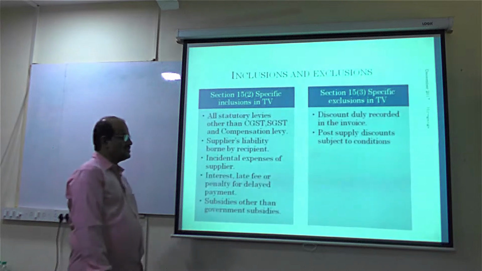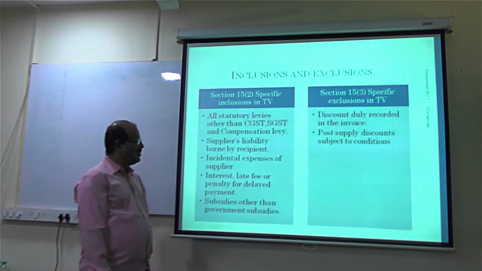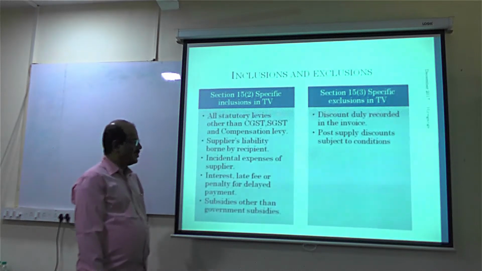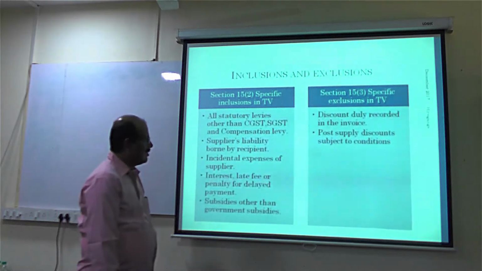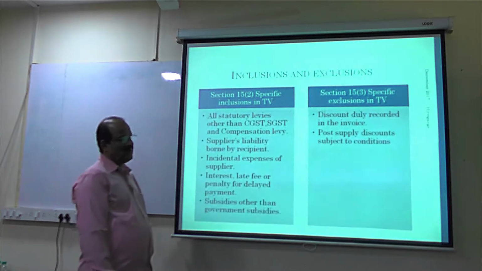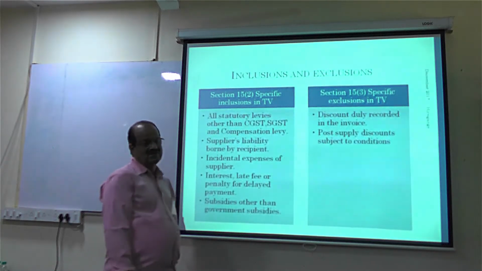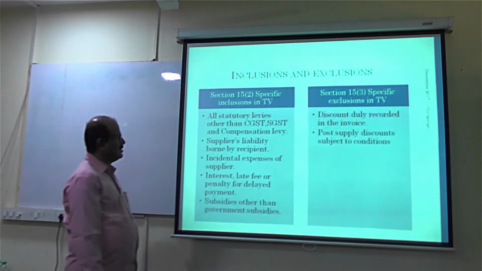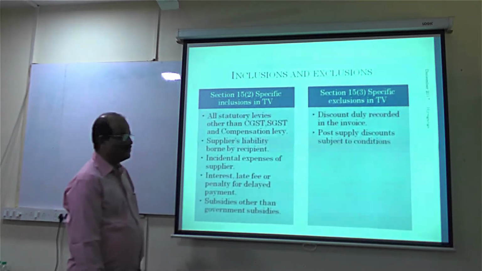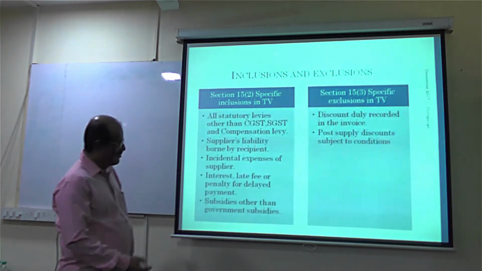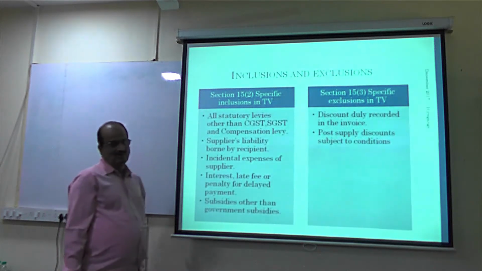The second condition is that it should be not only known to both of them, it should also be possible to identify the discount invoice wise and allocate it invoice wise. Subject to these two conditions, such discounts also have been allowed to be excluded from the transaction value.